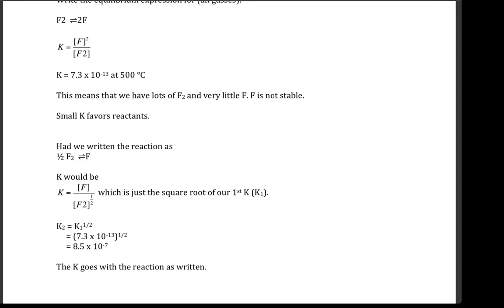Well, K1 we have the value to be 7.3 times 10 to the minus 13. So K2 is 7.3 times 10 to the minus 13 to the 1/2, which is 8.5 times 10 to the minus 7. So make sure that you are comfortable with how to use the square root key on your calculator, and make sure that you would get that answer.